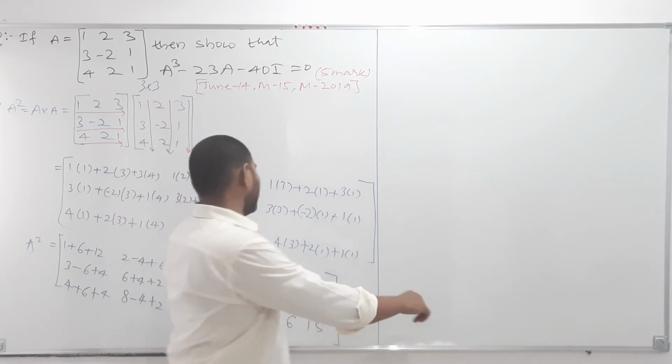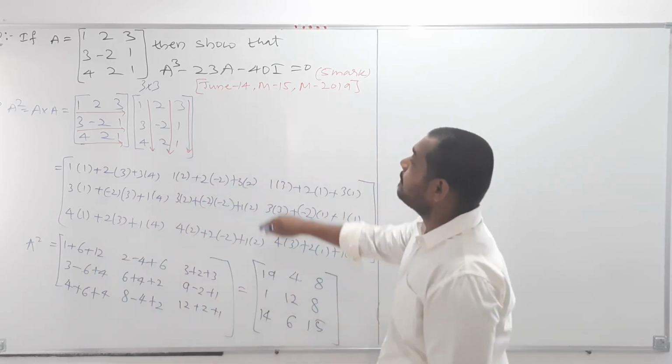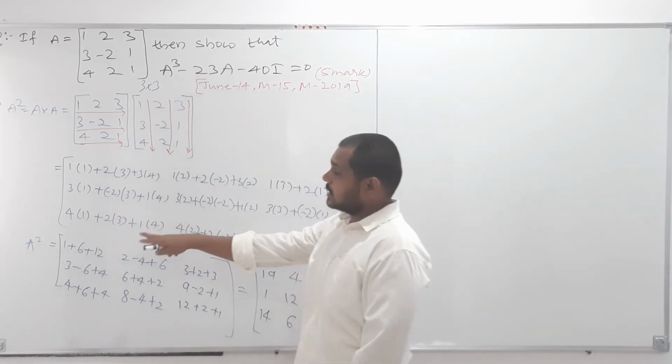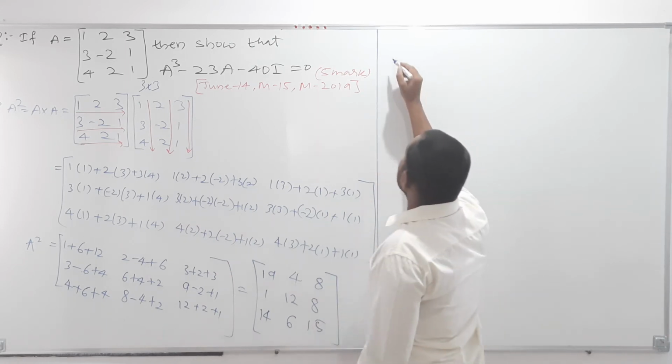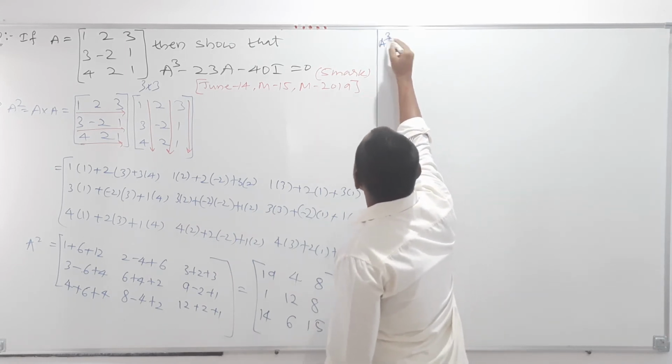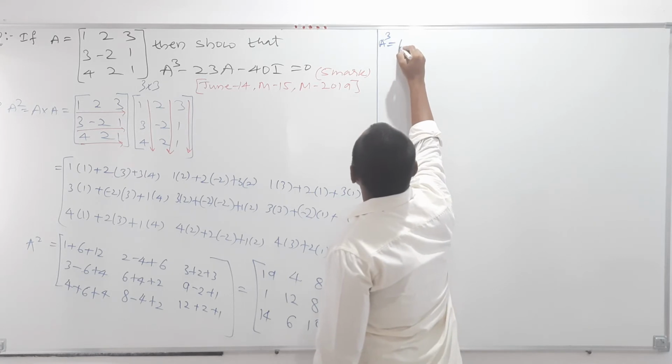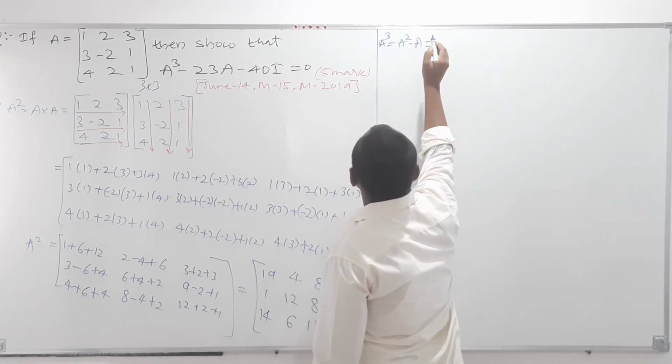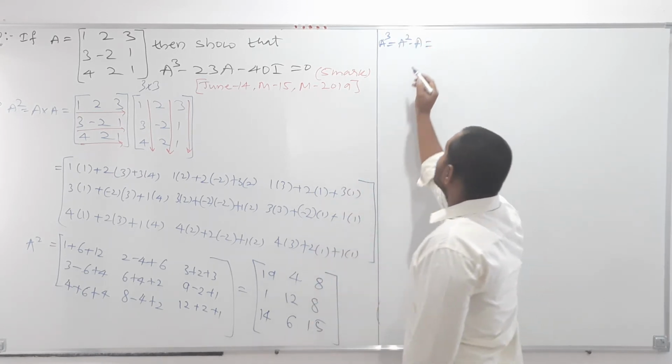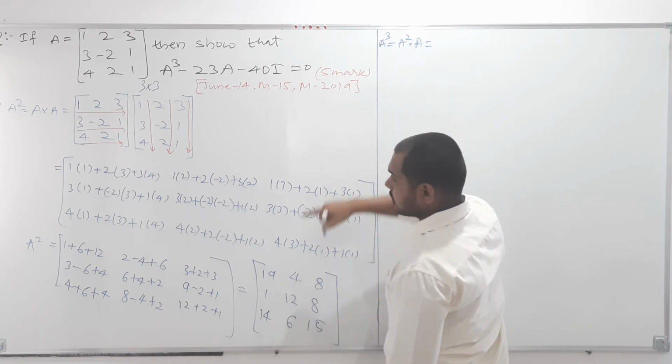Next further we require the A cube value. So my dear students, to this A square value I'll write here A cube is equal to A square into A. Clear? So therefore here, what is the A square value?